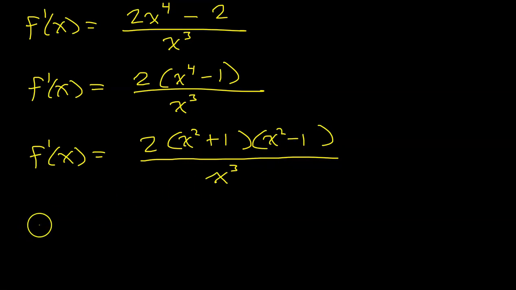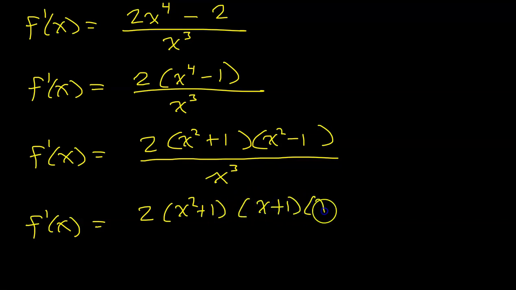So I'm going to factor that. So that's going to give me 2 times x squared plus 1 times x plus 1 times x minus 1 all over x to the third power.